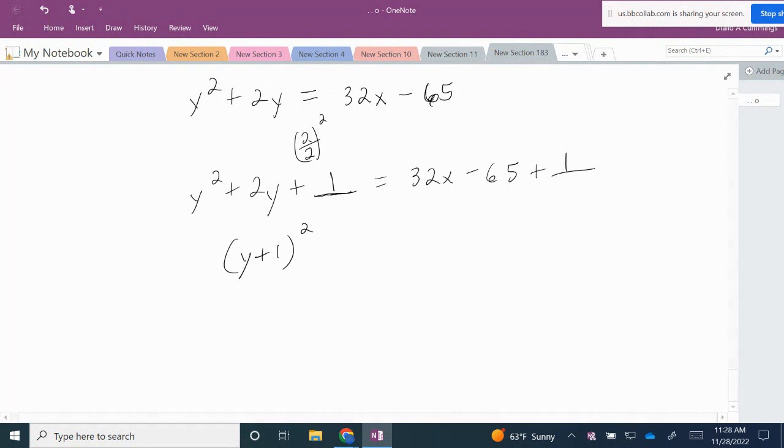That happens every time you complete the square. That's equal to 32x minus 64, because negative 65 plus 1, I can combine like terms. These things are both constants, and I get negative 64.